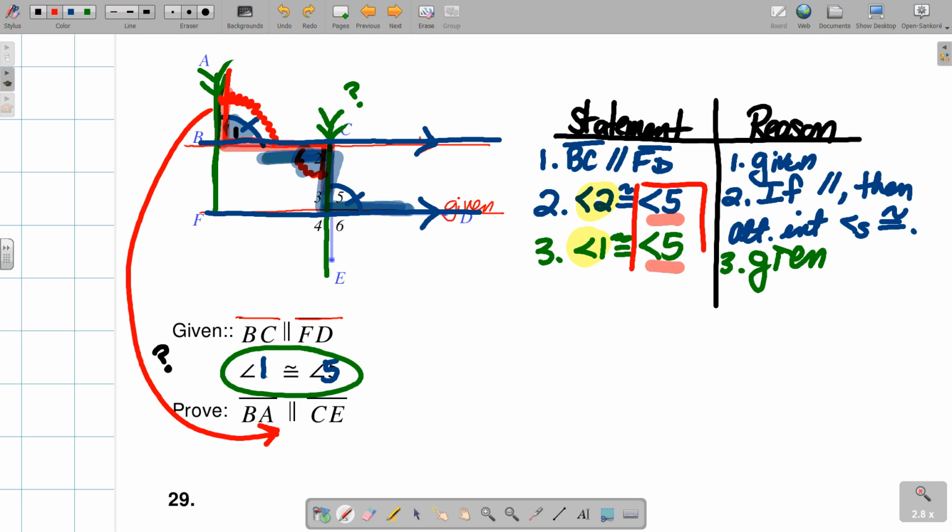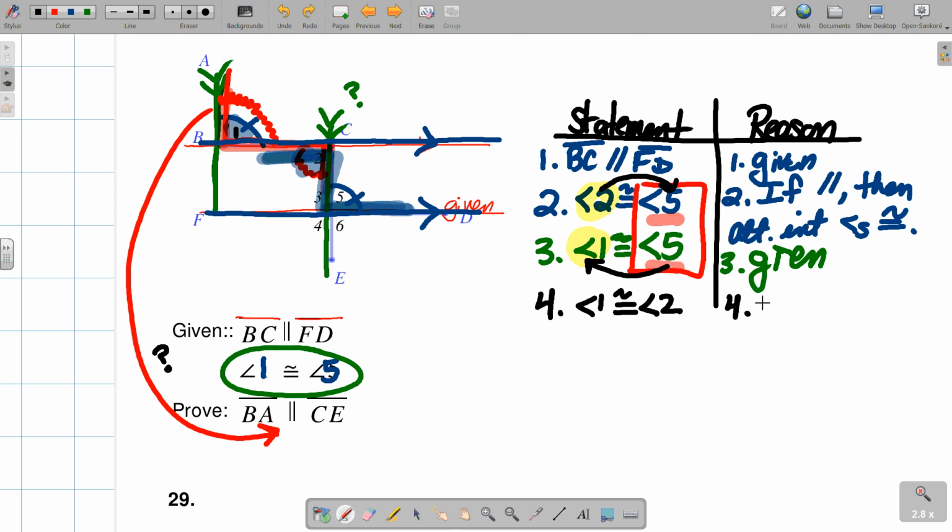That means our next step, we can say that angle 1 is congruent to angle 2, and the reason why is we transfer congruency. Angle 2 is congruent to angle 5, and then 5 is congruent to angle 1, so we transferred congruency.